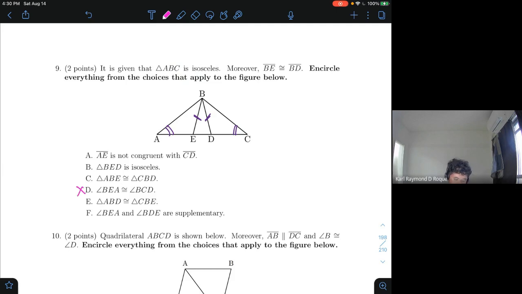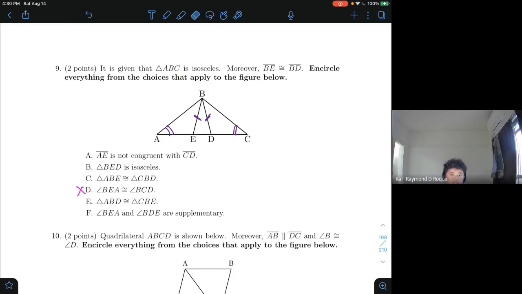Hindi ito tama. Kasi BEA, tsaka, hindi yan tama. Kasi, dapat itong dalawa yung magkapareho. Anyway, paano ko nga ba ito in-explain dati?